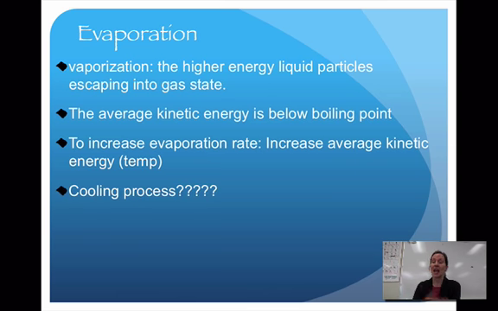Okay? The average kinetic energy, of course, is below the boiling point. Your liquid's not boiling, but some particles are hot enough or moving fast enough that they can break their intermolecular forces and move into a gaseous state.